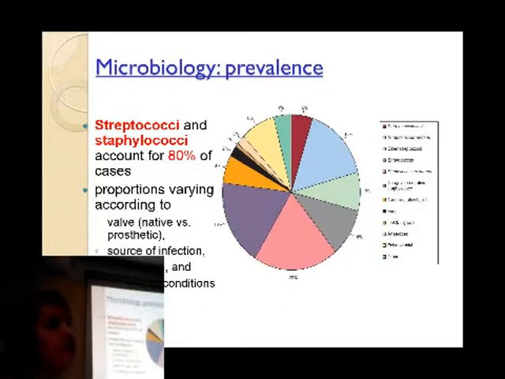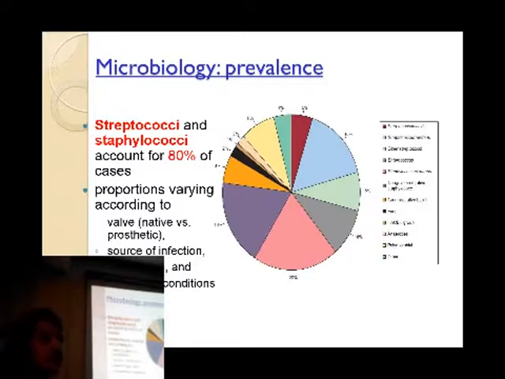What you should generally know is that streptococci and staphylococci override all the other organisms. But at the same time, you should remember that this proportion varies according to the type of valve. If you take native valves, most commonly it is viridans streptococci.